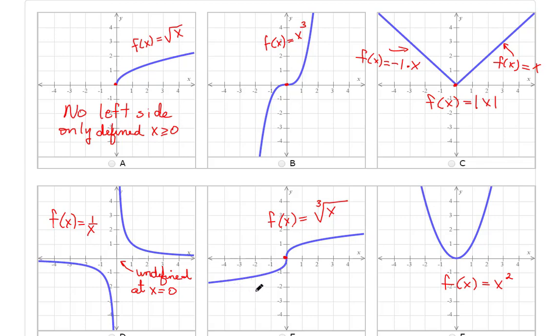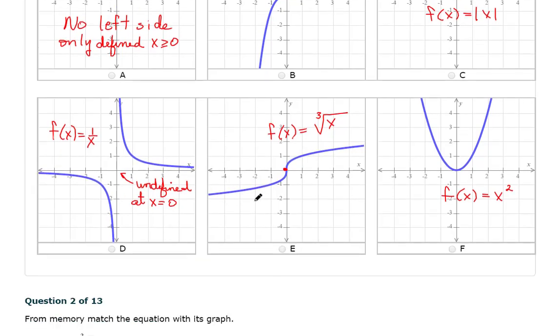And that's okay because on the cube root function, supposing I wanted to find the cube root of 8? Cube root of positive 8. Well, cube root of positive 8 is 2. And the cube root of minus 8 is simply minus 2. That's why this left-hand side is under the x-axis.